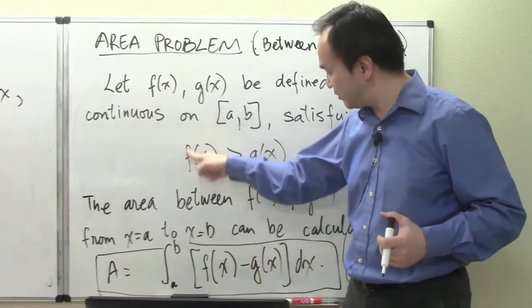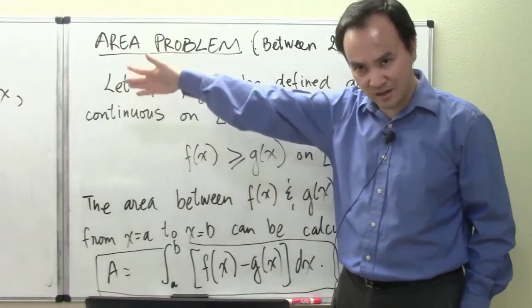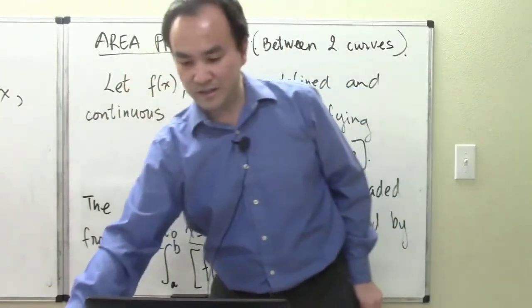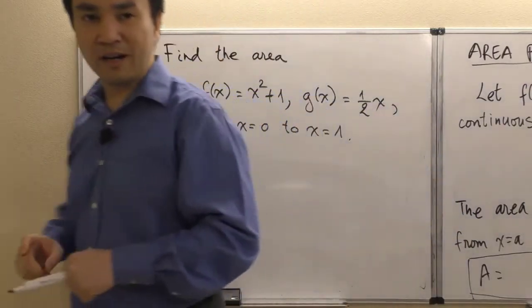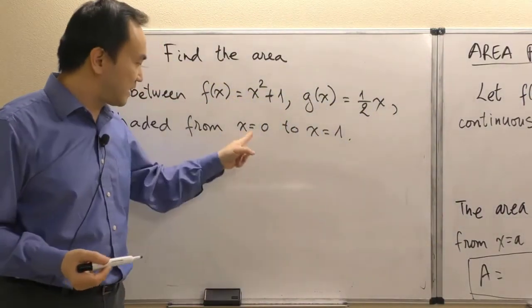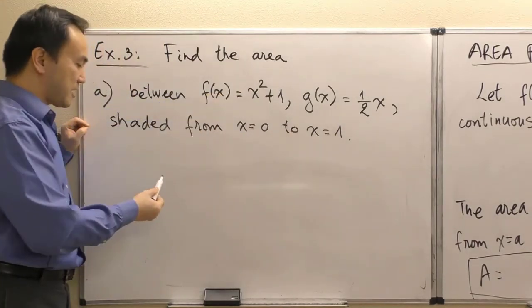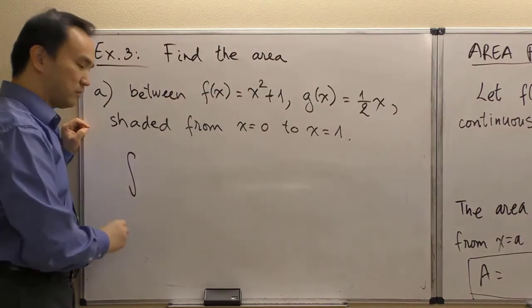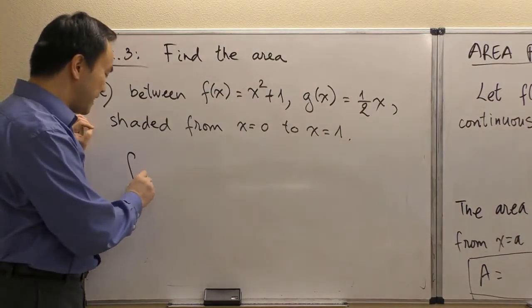Usually no one is telling you that, so you've got to verify on your own who's the bigger one, who's staying on top, and who falls below the other one inside of your given interval. Once you nail down that f of x is greater, then we can set up the integral successfully and get our work ready for the real math right here.